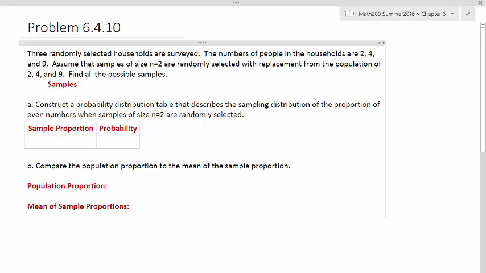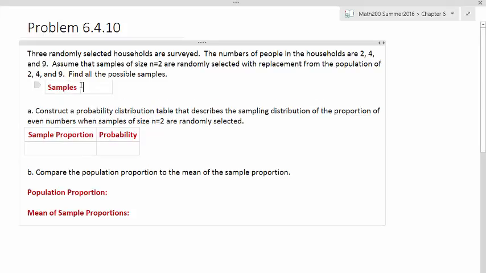So we're going to create a little table here with all the possible samples. The first sample could be, since this is with replacement, we select a household of 2 and put that back, and then happen to select that same household of 2. So this is one possible sample of size 2.